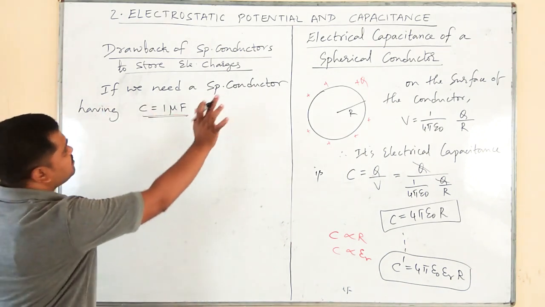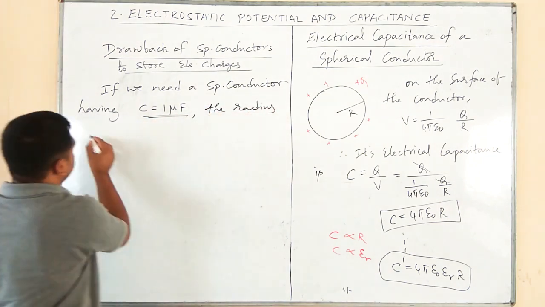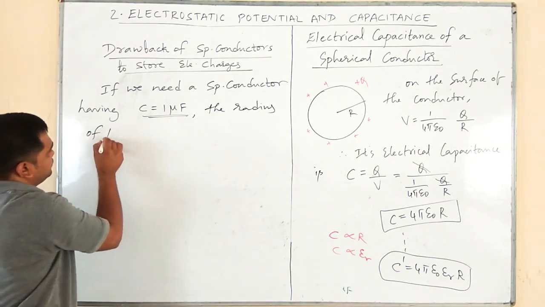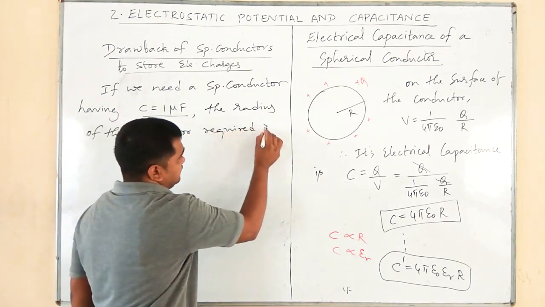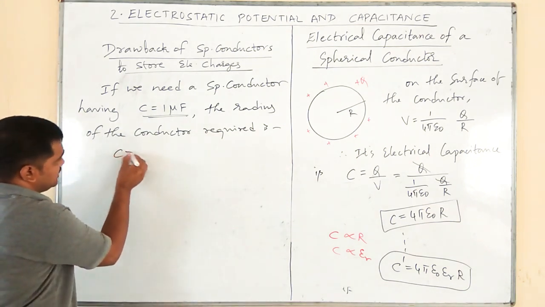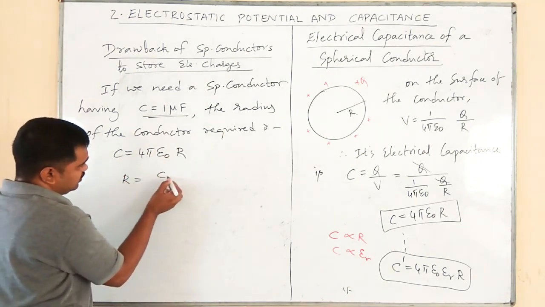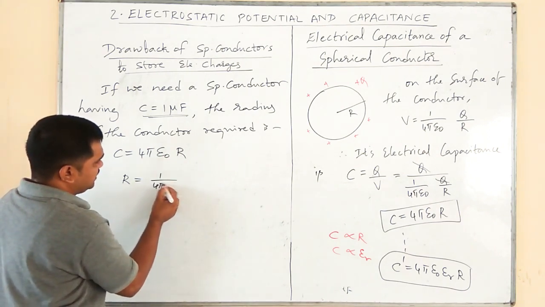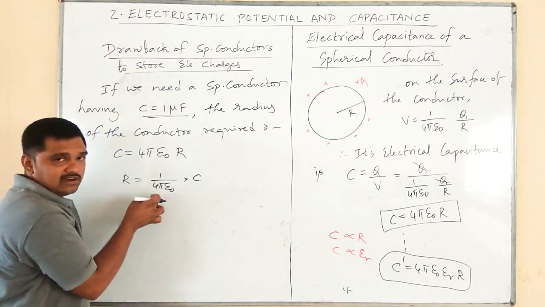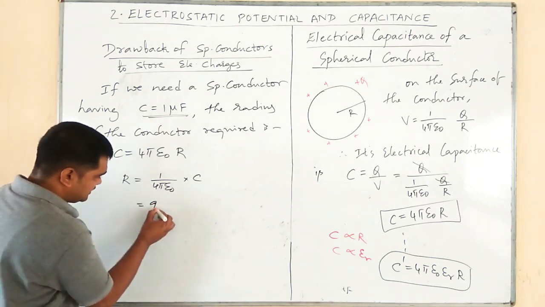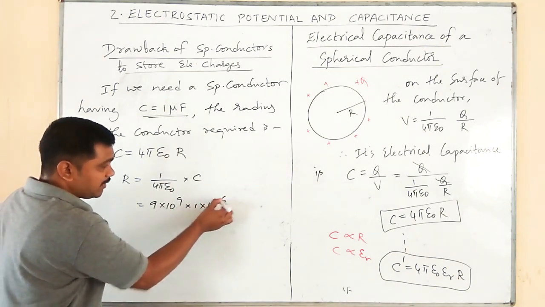If we need a spherical conductor having C equal to 1 microfarad, the radius required is, from C equal to 4 pi epsilon naught R, R equal to 1 upon 4 pi epsilon naught into C. The value of 1 upon 4 pi epsilon naught is 9 into 10 power 9, and C is 1 into 10 power minus 6.